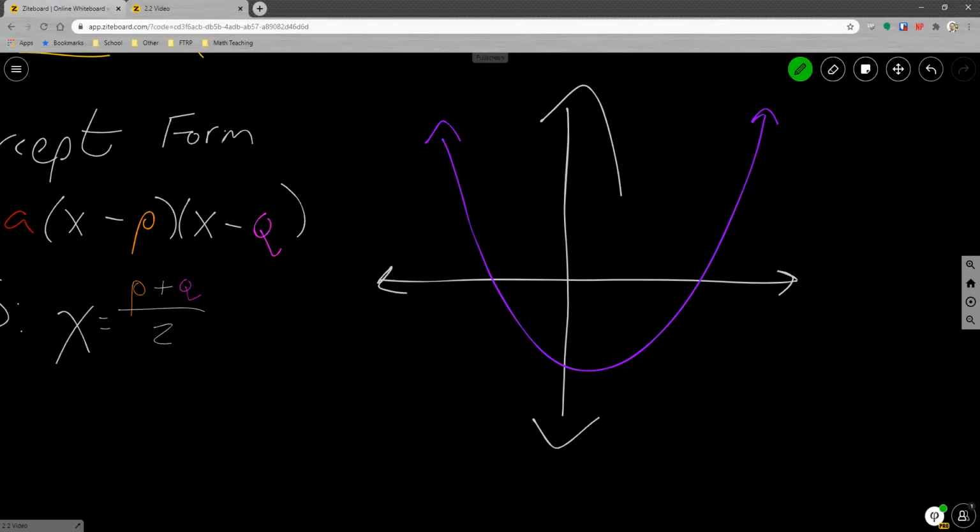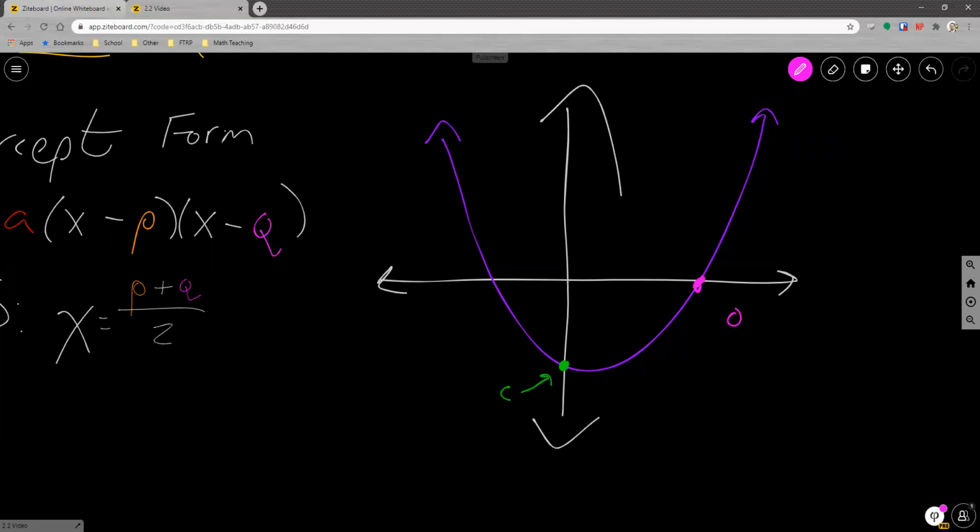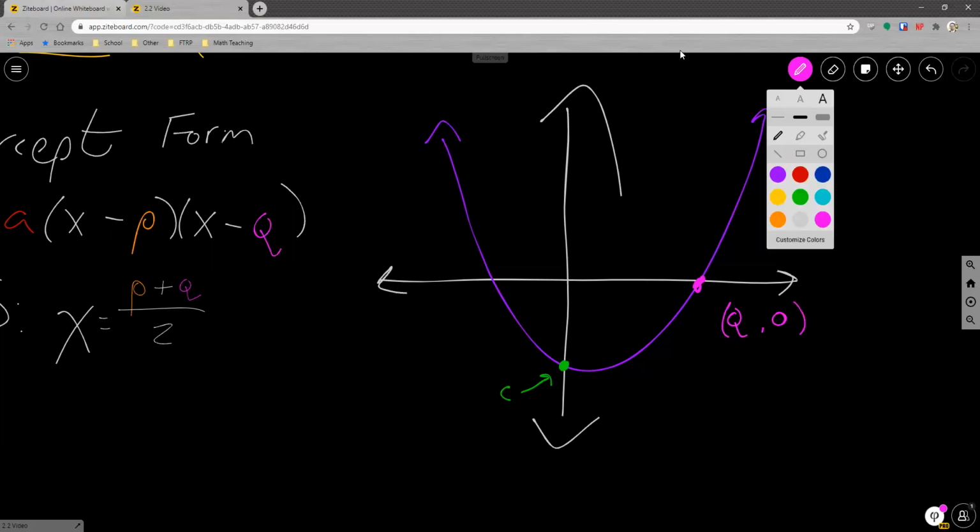I've got my y-intercept. That's controlled by c in my standard form. I've got p and q. Q is my x-intercept, and p is my other x-intercept.